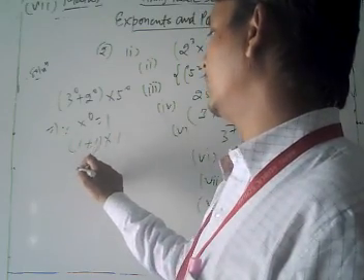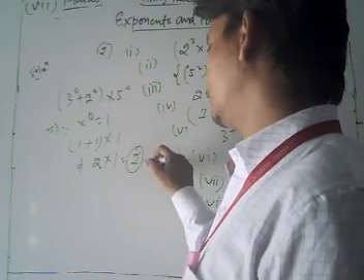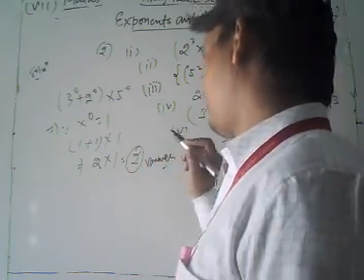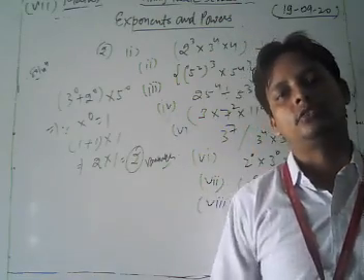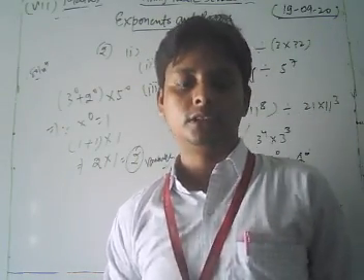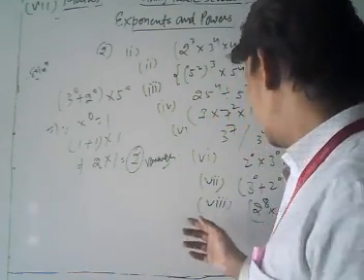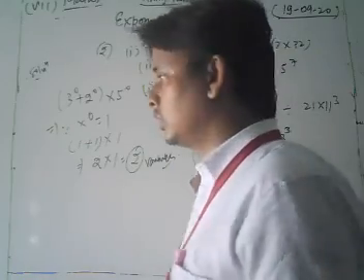So we get 1 plus 1 is 2, into 1, is 2. This is our final answer. So dear student, in this way we can solve all the questions of your NCERT exercise based on the laws of exponents. Now similarly we take and solve the last part of this question.